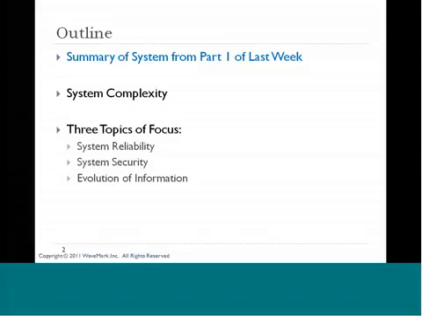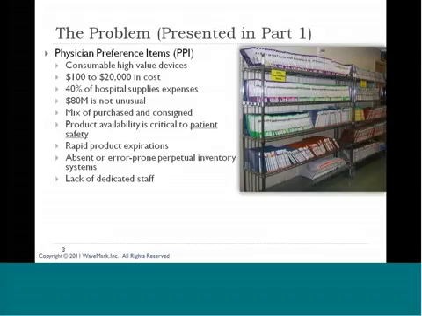So what's the problem? First, let's look at the environment. Again, we talked about it last week. This is a physician preference items environment. It's a subset of consumable medical devices, high cost, that could go up to $20,000 per item.